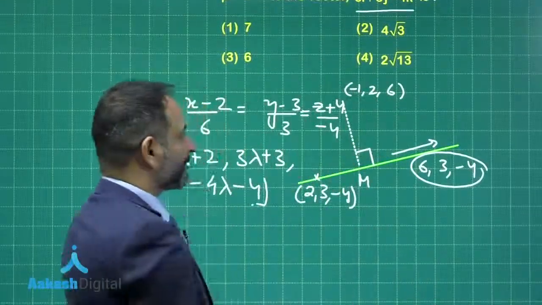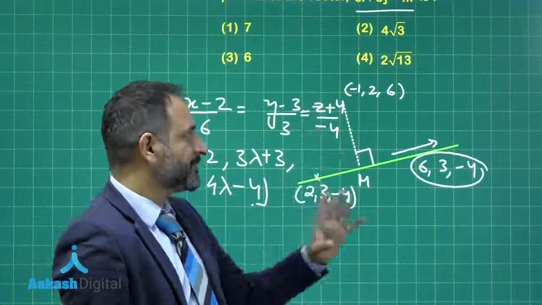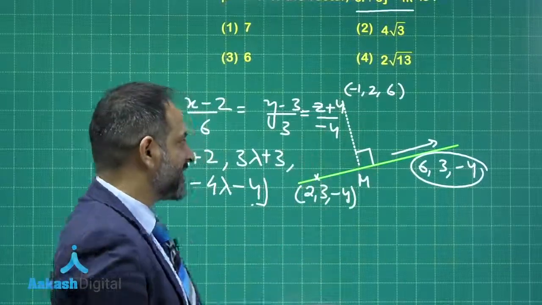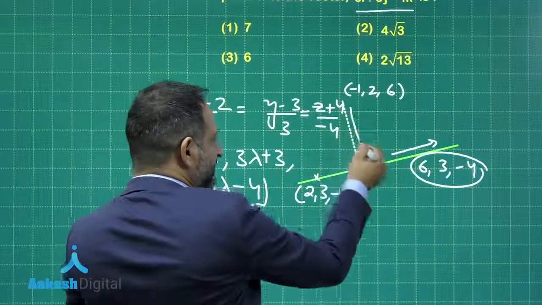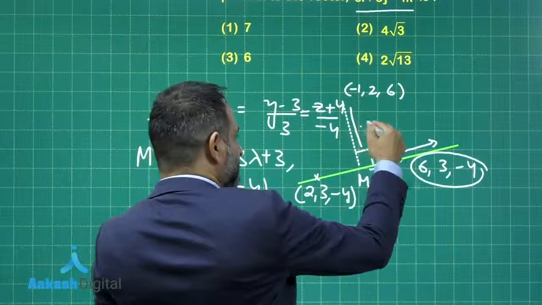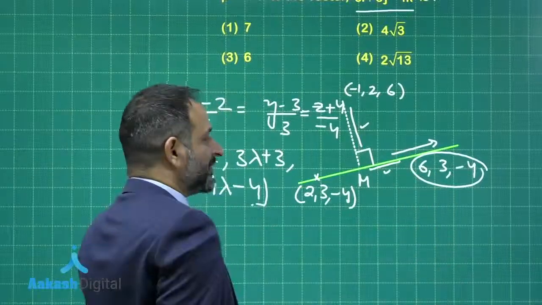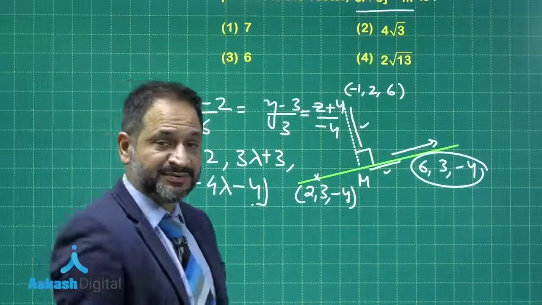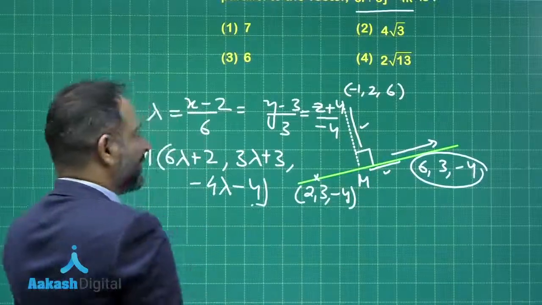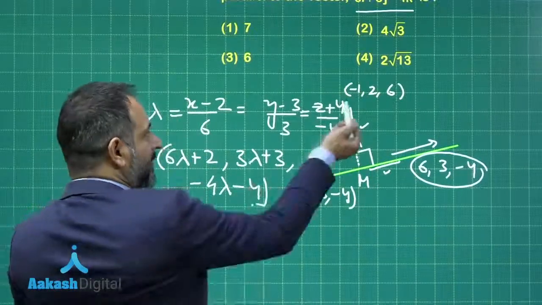Now, we know if you are dropping a perpendicular from this point to this line, then this angle is 90. That means the angle between this line and this line is 90. So, the product of direction ratios is equal to 0. So, the DR of this line are what? They are the position vector M minus this.